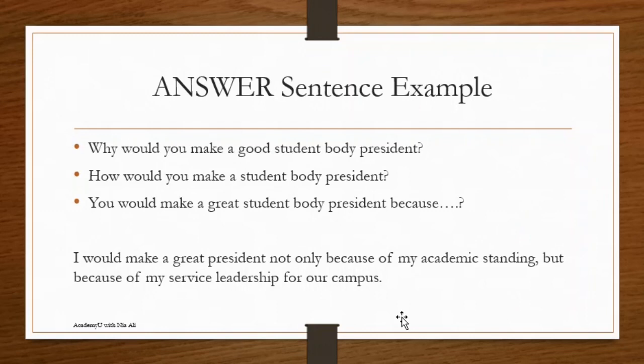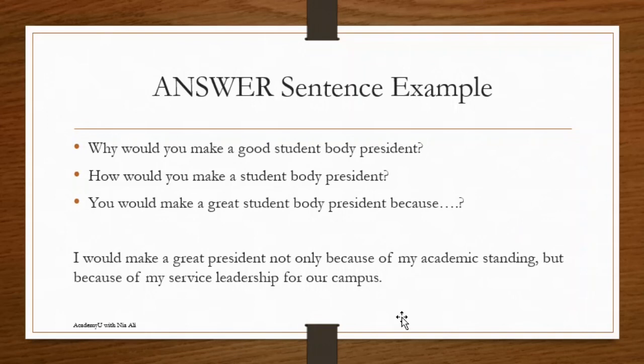Or you may ask yourself, how would you make a good student body president? And the list of responses that you get, you compose into a sentence, and that is your answer sentence. Or you may ask yourself, you would make a good student body president because, and that answer you get, you compose in a sentence, and that is your answer sentence.